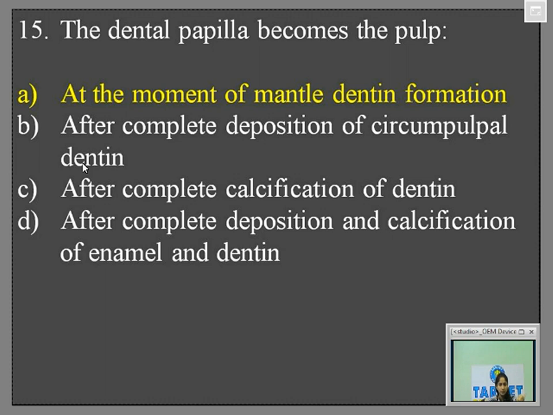There is degeneration of odontoblasts and a newer recruitment of odontoblasts from the undifferentiated mesenchymal cells. Reparative dentine is formed at a little better rate compared to secondary dentine, that is 1.5 microns per day. I hope you have written the rate at which each of these dentines is formed: primary dentine 4 to 8 microns per day, secondary 0.8 microns per day, and reparative 1.5 microns per day.